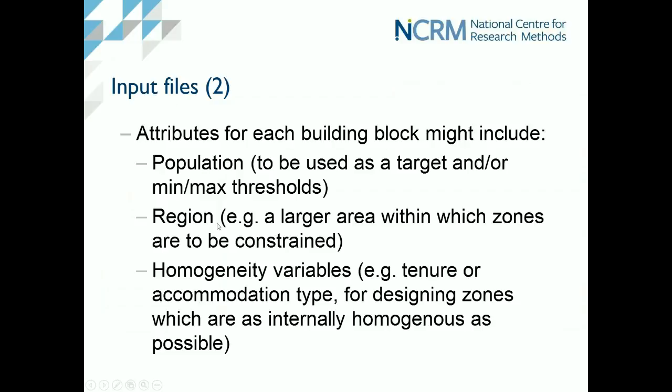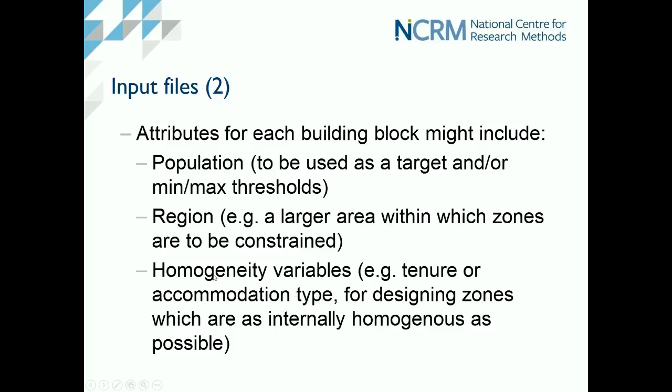We've got the populations. We could specify information about a region. There's no region set in here, but if it was subdivided, so we've got some kind of county level that we needed to constrain, we'd have that in that polygon attribute table as well. And although I'm not talking in detail about homogeneity here, if we have a variable which, for example, is split into a set of types, and that might be the proportion of households living in public housing, the proportion of households living in rented housing, proportion of households privately owning their accommodation, we could put those 3 variables in also and then use that group of variables to control for homogeneity.